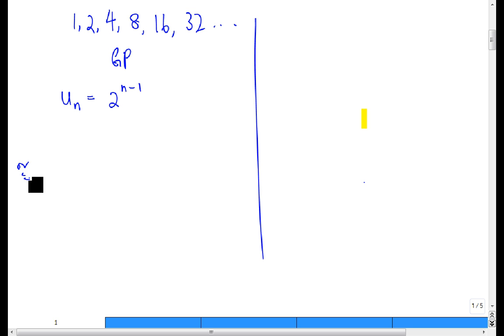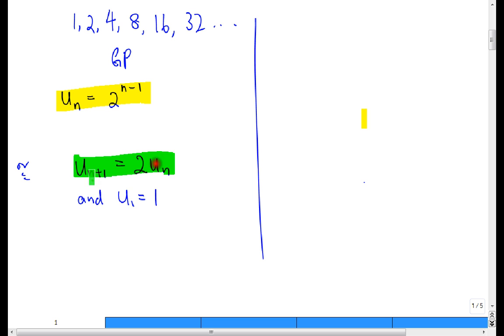Or I can define it another way by saying Un+1 equals 2Un and U1 equals 1. I can define it like that, or like that. They mean the same thing. The one highlighted in yellow is one way of defining, the one highlighted in green is another. It's essentially the same.